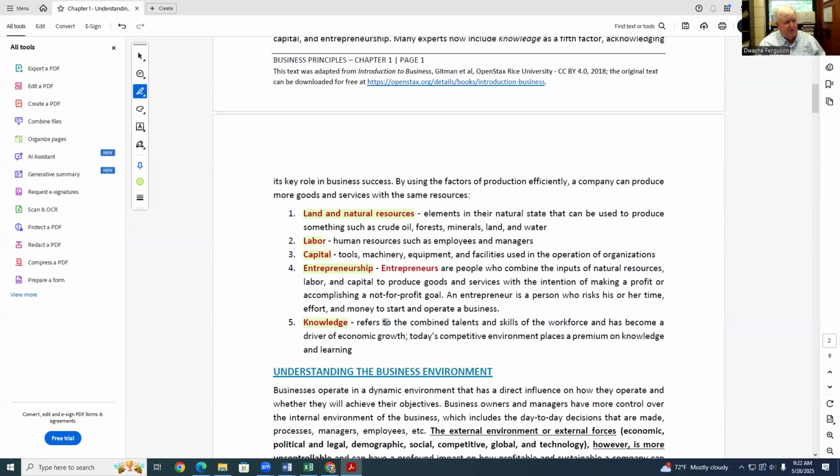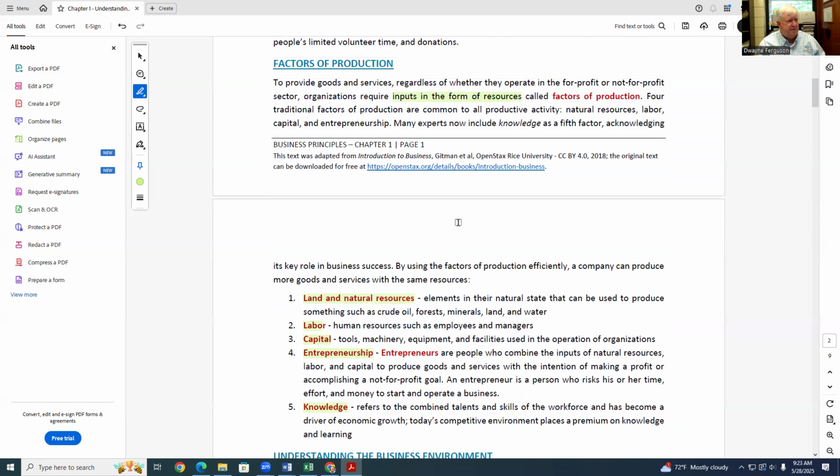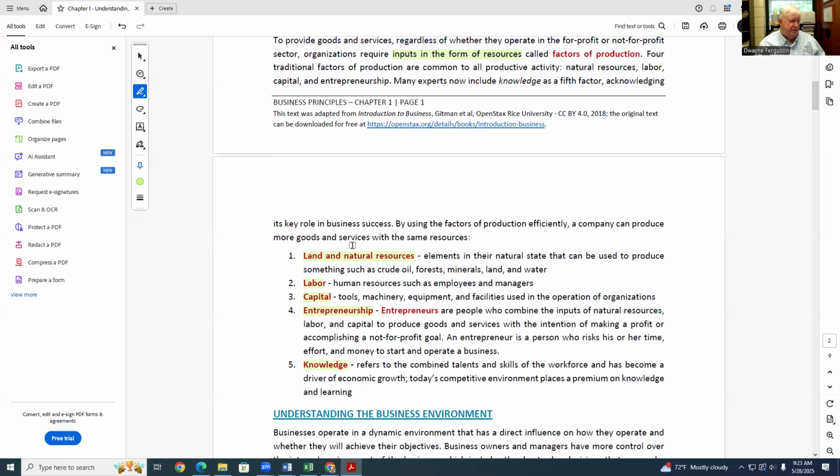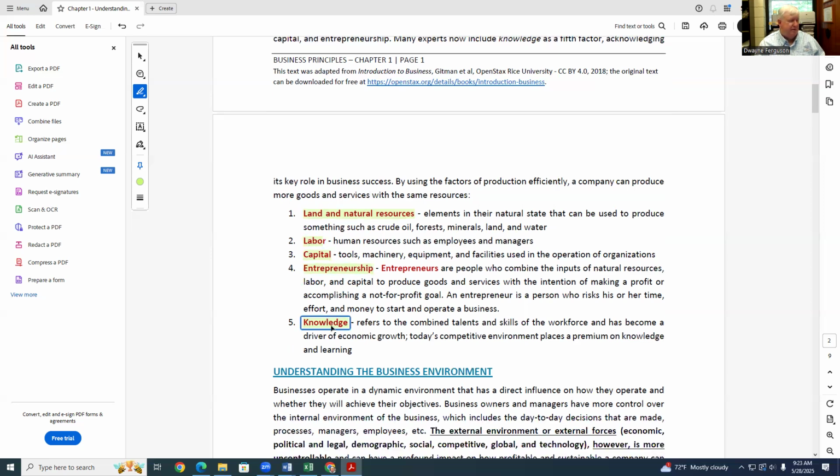And then knowledge, you have to have some talent and some skill, something you've learned in the past that you can put into practice to build a product or offer a service. So this has changed. The factors of production are no longer really the 3 that we used to learn, but now entrepreneurship and knowledge are part of that as well.